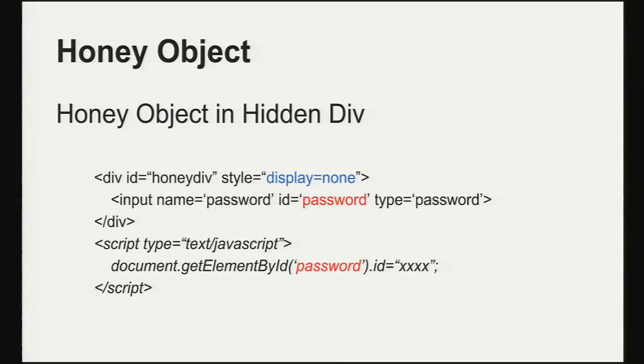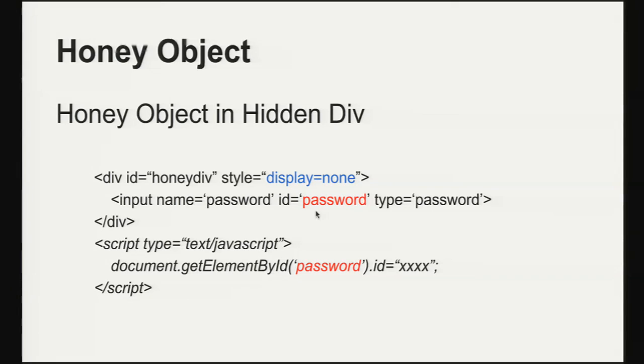Here, a little bit of a trick is that the ID is supposed to be unique in the HTML DOM tree. Otherwise, if you have two elements, remember we have another obfuscated copy, so if we have two copies with the same ID called password, then the JavaScript code may not work properly because it doesn't know which element to find.